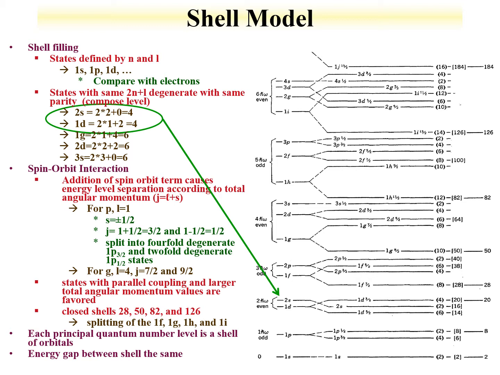So 2 times 1 plus 2 is equal to 4. Those two states are degenerate.